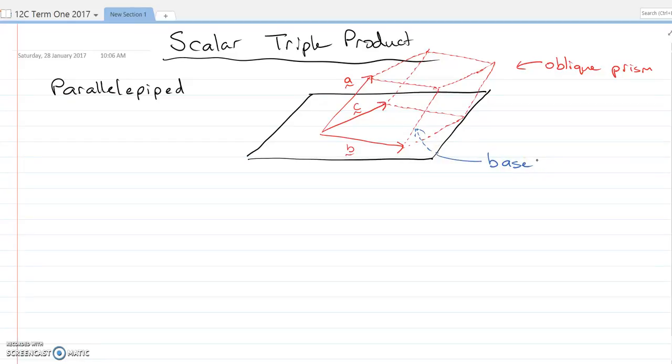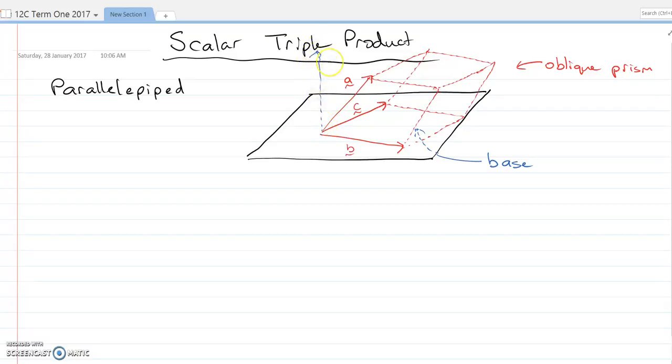So in a normal prism, you have your base, and then directly above that is the other face, the copy of the base. Or in this case, it's shifted over. Normally the sides are 90 degrees, but in an oblique prism, it's shifted over, but it still works the same. It's just you have to use the perpendicular height rather than the length of vector A.